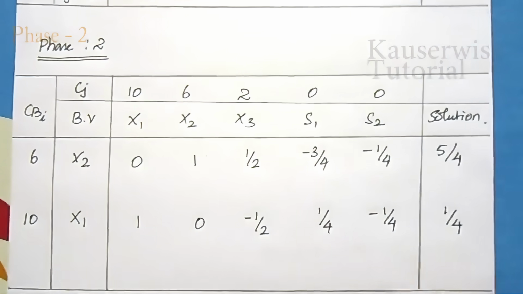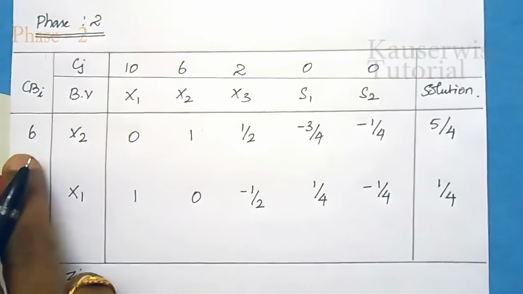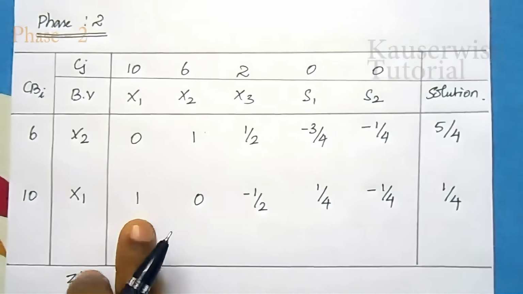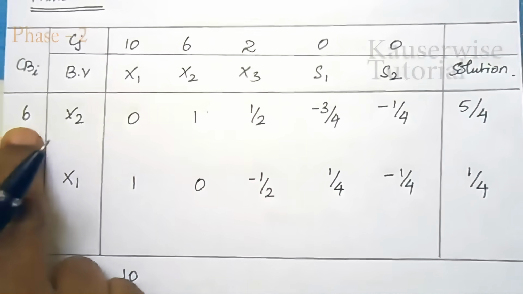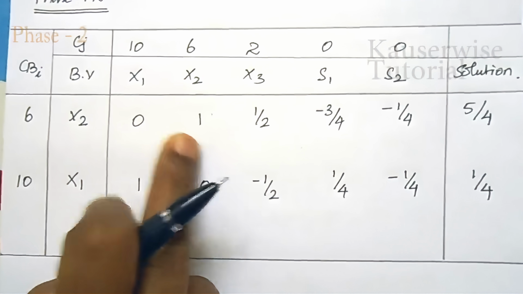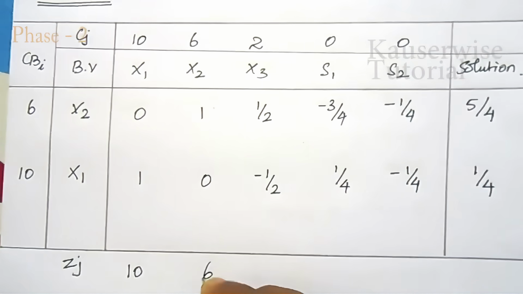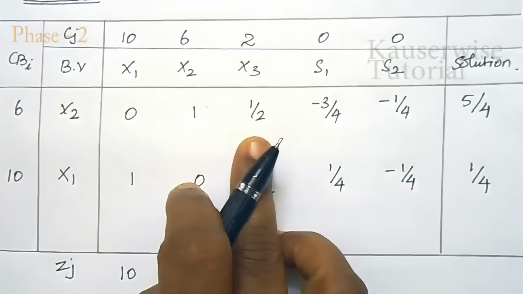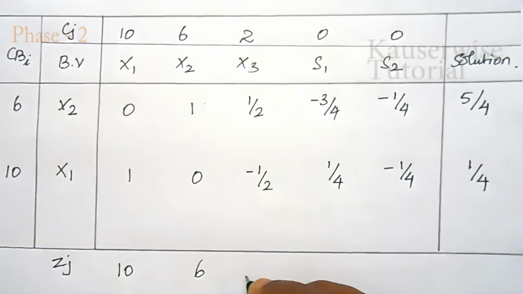Okay, now we have to find Zj values. For Zj value, 6 into 0, 0 plus 10 into 1, the answer is 10. For x2, 6 into 1, 6 plus 10 into 0, 0, the answer is 6. Next one, 6 into 1 by 2 plus 10 into minus 1 by 2, the answer is minus 2.